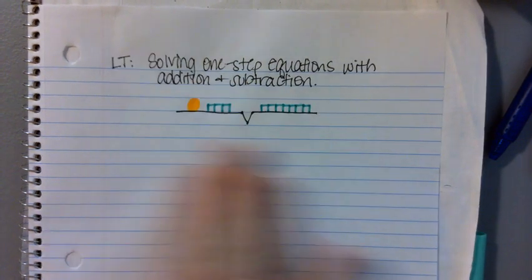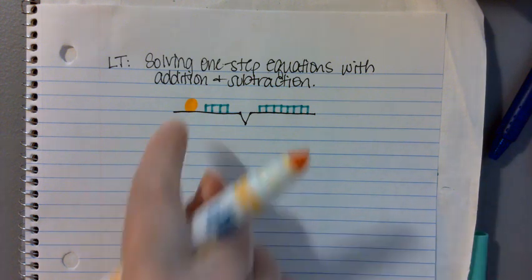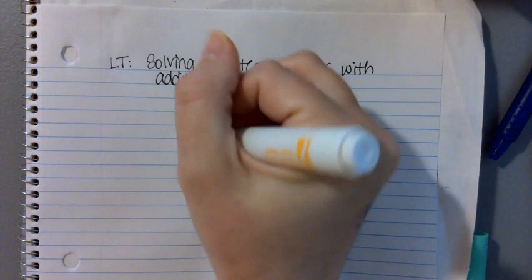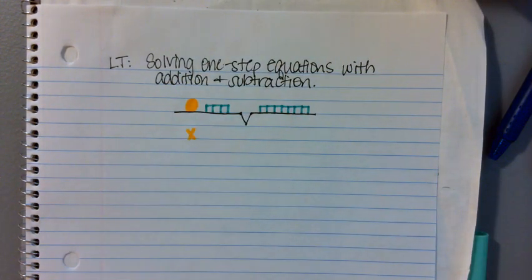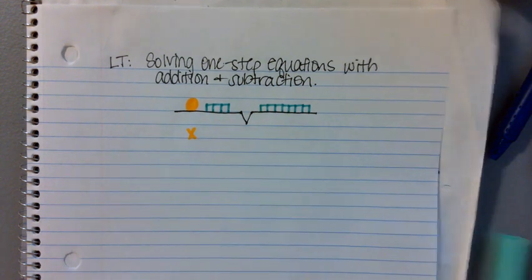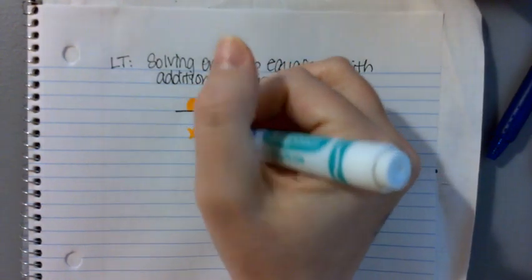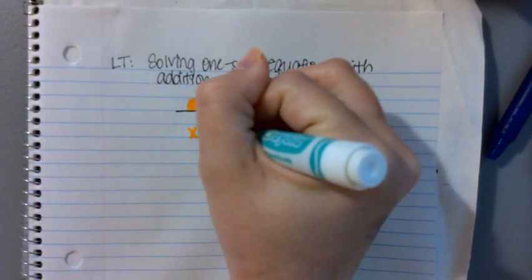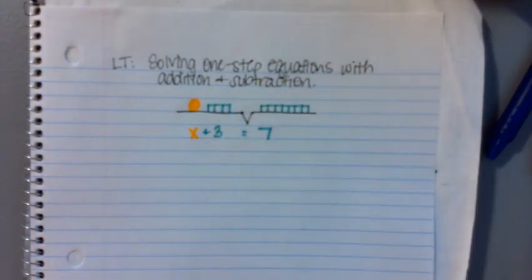So I'm going to show you what my drawing represents as an actual mathematical algebraic equation. I don't know what my orange ball weighs, so I'm going to use the letter X to represent that. And if I add these 3 boxes to it, assuming that each box weighs 1 pound or 1 unit, I know that whatever that orange one is plus those 3 units equals 7 units.